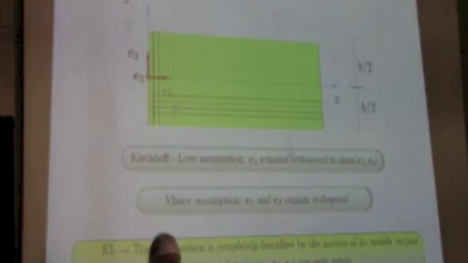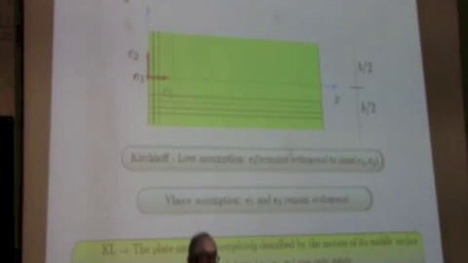obeys the Kirchhoff-Love assumption, that is, the E3 vector remains during the motion orthogonal to the span of E1 and E2.